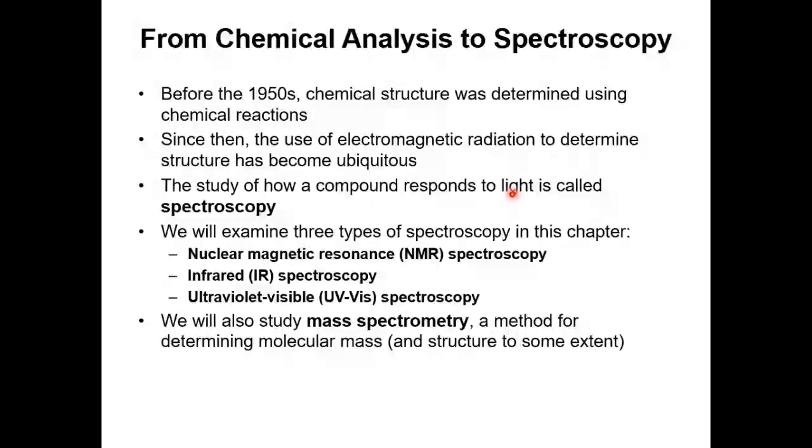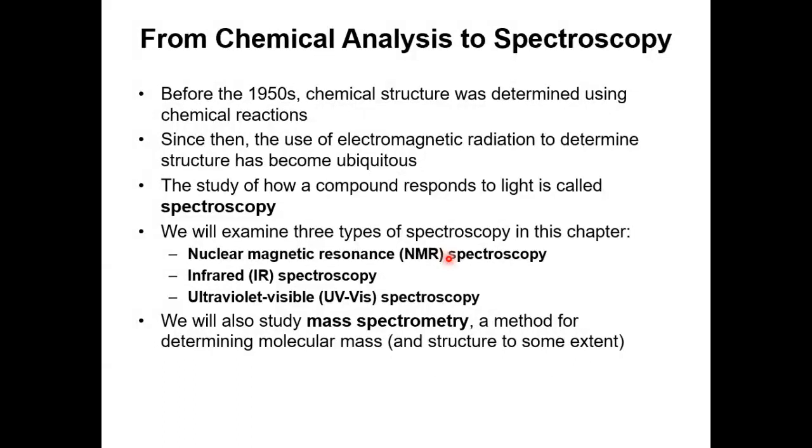Okay? So we will be learning three types of spectroscopy methods in this chapter. The first one is the most important one in chemistry, called nuclear magnetic resonance spectroscopy, in short NMR. That's the most important spectroscopy technique for chemists.